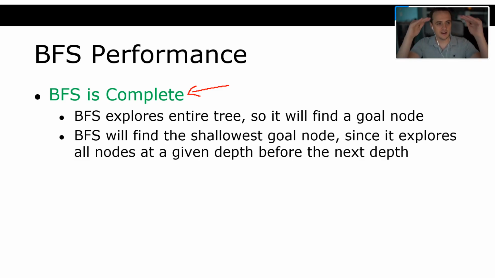If you think about it, it explores every single node in the search tree, eventually. And so it will find a goal. Eventually, it will solve our problem. It will find, however, the shallowest goal node, since it explores all nodes at a given depth before the next depth.